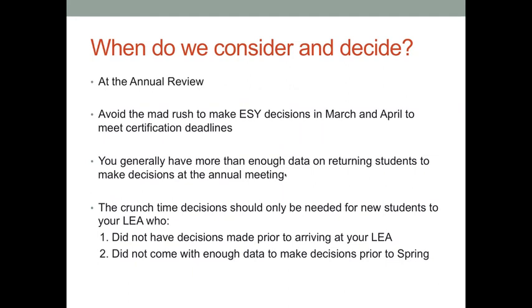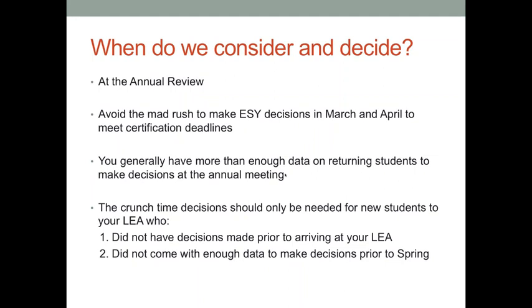So once we use data to answer all of those questions, then I think it's important to actually consider when we decide. I think the key thing that I find really important for LEAs to do is to make sure that the ESY decisions are being made at every single annual review that happens during the school year.